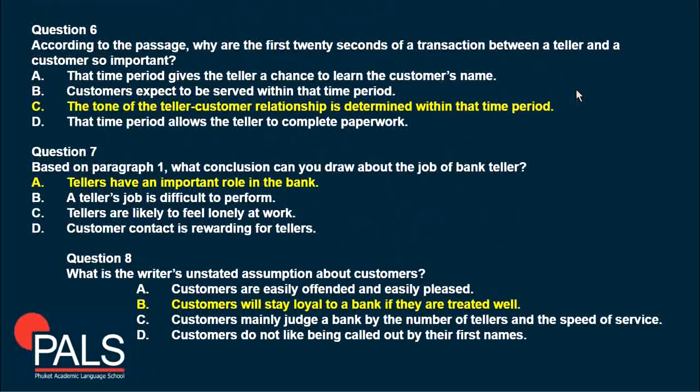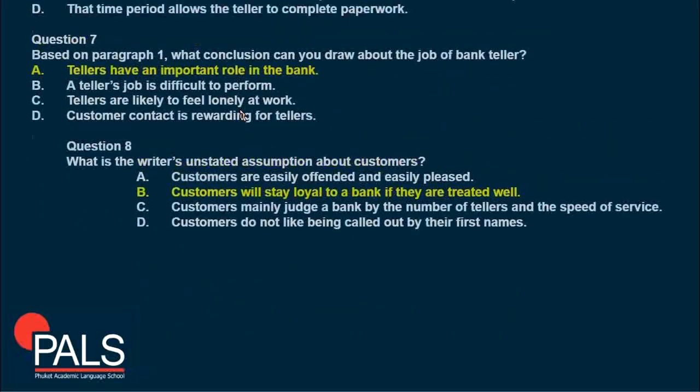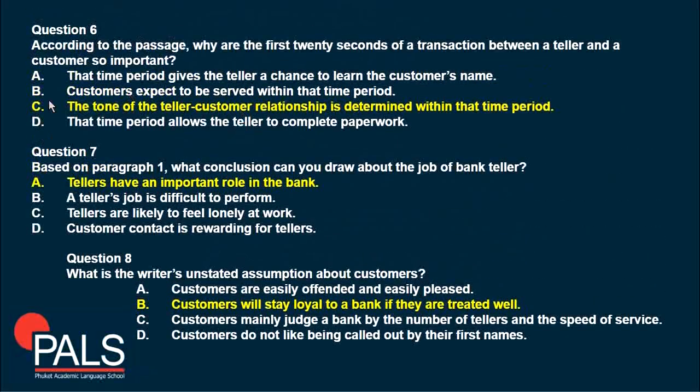So for number 6, if we go back to the passage, it says there, the first 20 seconds set the tone. So the correct answer in number 6 is letter C. Tone of the teller-customer relationship is determined within that time period. Okay, what can we say about paragraph 1? What can we conclude?